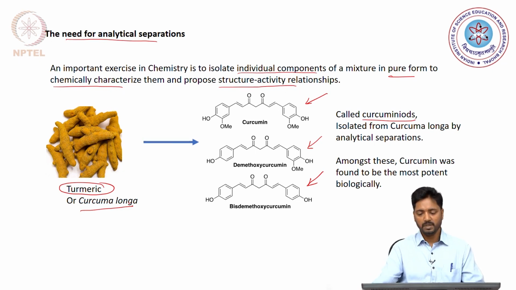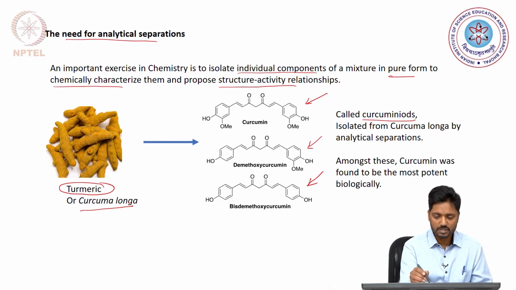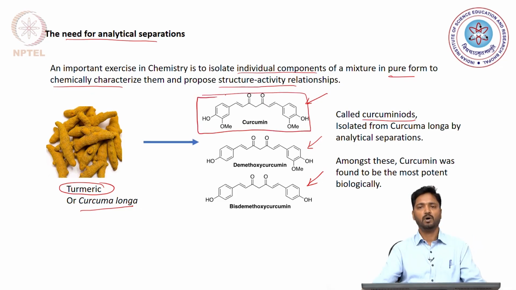So, when people isolated these 3 curcuminoids, they undertook the biological activity of these compounds, and ultimately what they figured out is that this first compound, shown here in the box, supposedly has the most potent biological activity, whether it is anti-cancer or anti-infection activities.